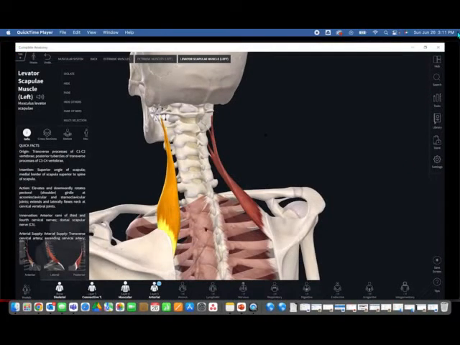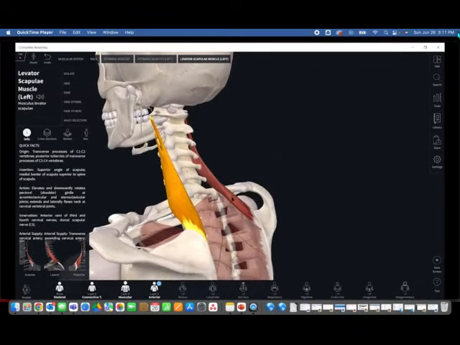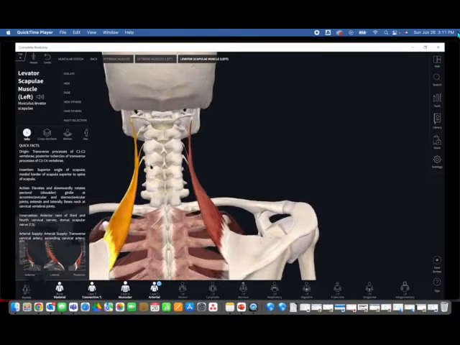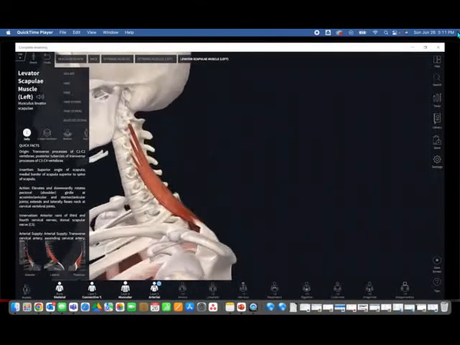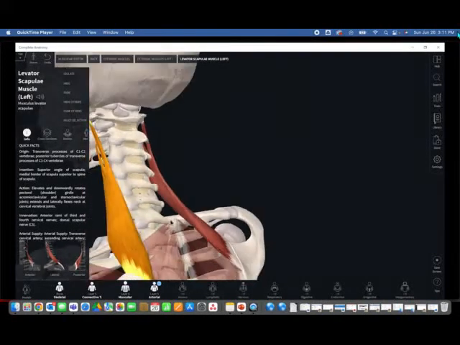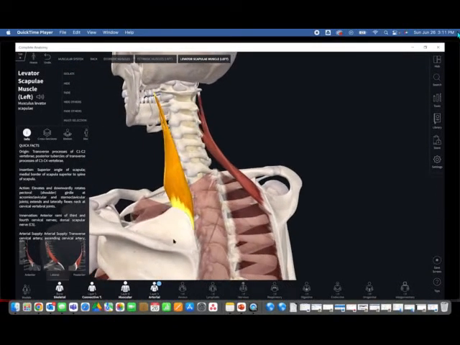Taking a look here, levator scapulae, its origin, the transverse processes of C1, C2 vertebra, and the posterior tubercles of transverse processes of C3 and 4. Strips just coming off of the muscle itself as they come from their origins, and then ultimately their insertion to the superior angle of the scapula and the medial border of the scapula superior to the spine of the scapula.